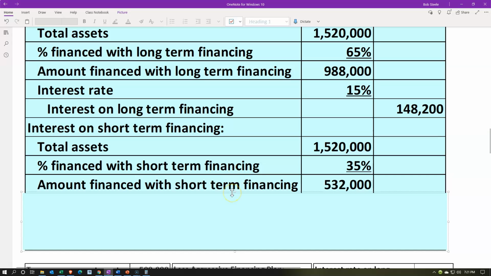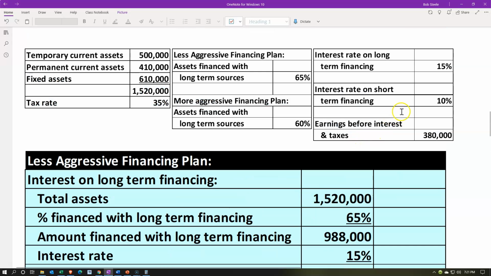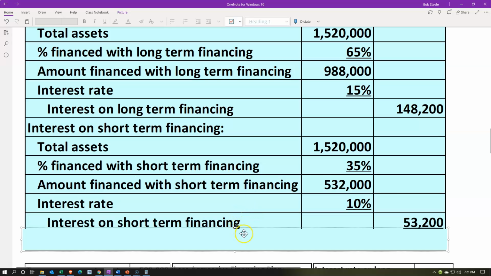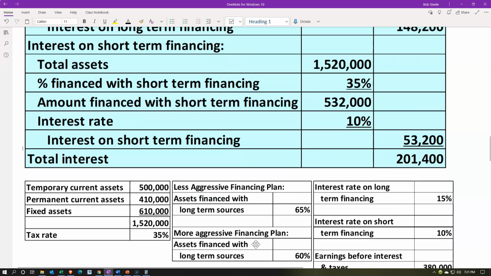Multiplying that out, we're going to get the 532 amount financed with short-term financing, and then the short-term interest rate then being the 10%, the more aggressive rate here, the short-term rate. That's going to give us our 53,200. So the 148,200 plus the 53,200 is going to give us a total interest of the 204,400.